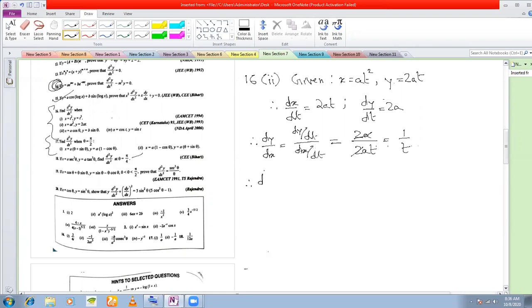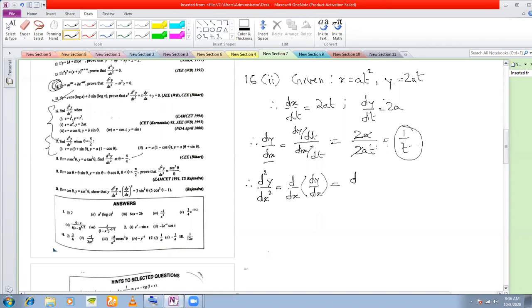Remember this and listen to this very, very carefully. d2y dx2, you write this as d by dx of dy dx. You should be careful because dy dx here is in terms of t. It is not in terms of x and y. That is why you need to be a little careful.